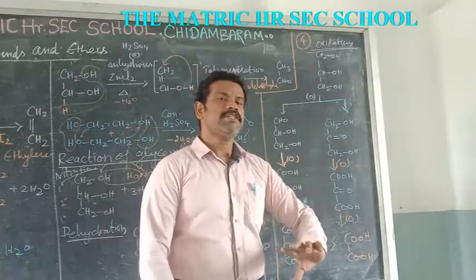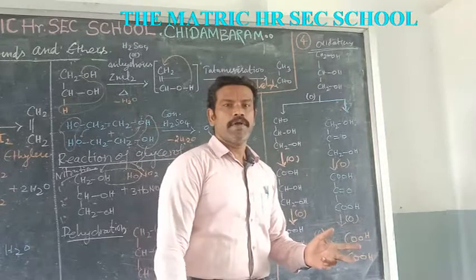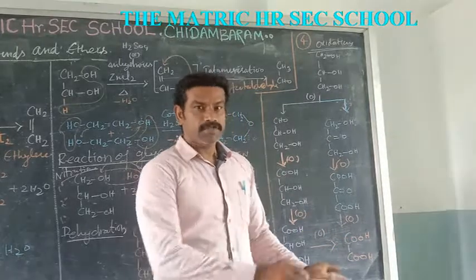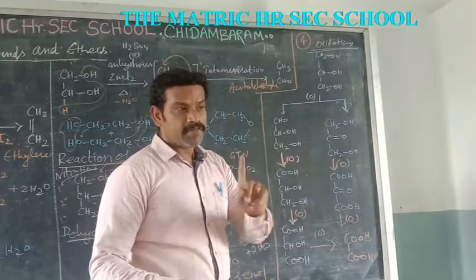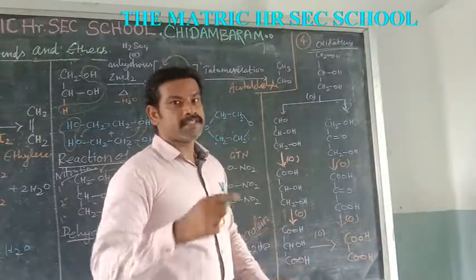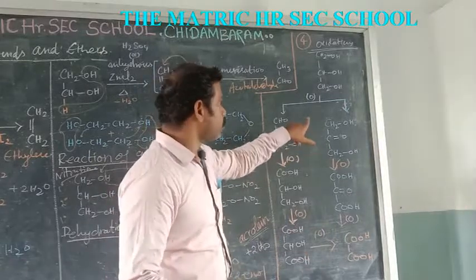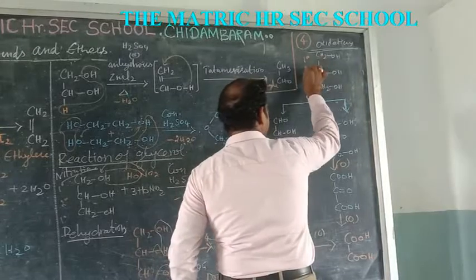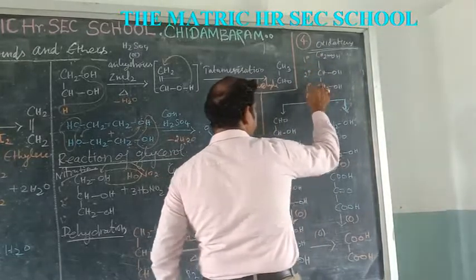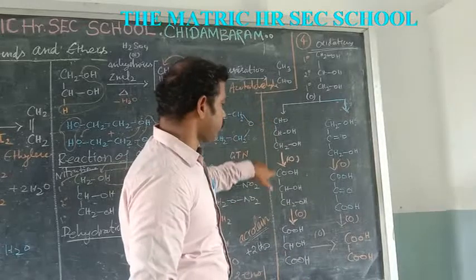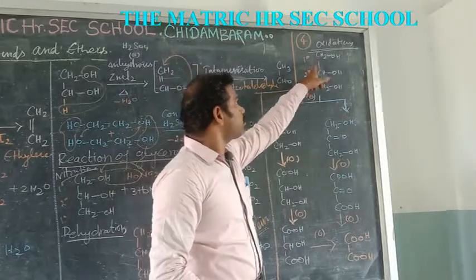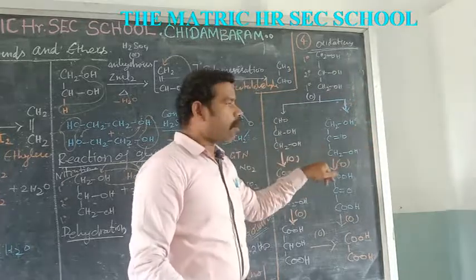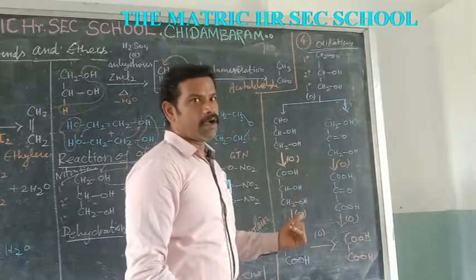First, the oxidation nature: primary alcohol is oxidized, and secondary alcohol is also oxidized. I will explain this reaction. You know, this is primary nature, this is secondary nature, as well as primary nature. First I will take this position. The primary alcohol is first oxidized. Primary alcohol oxidized, you will get first aldehyde, then acid.